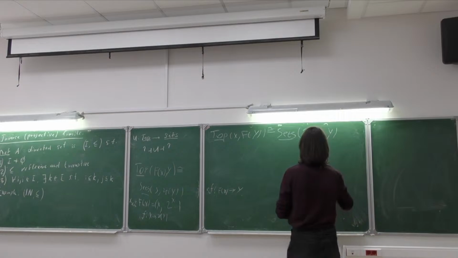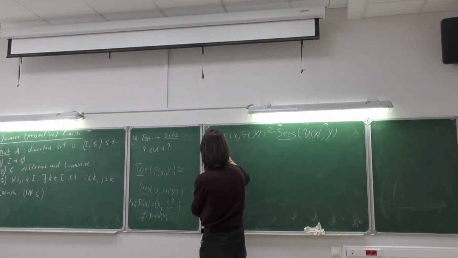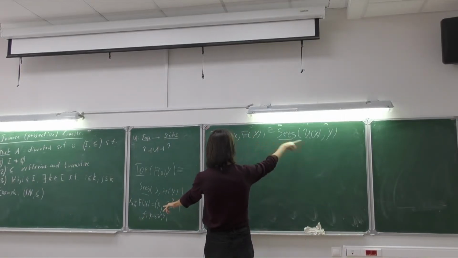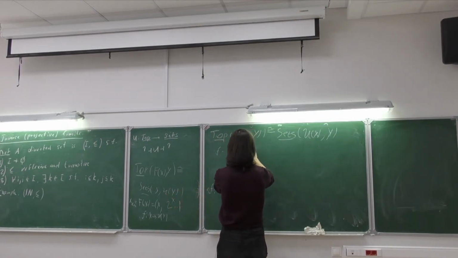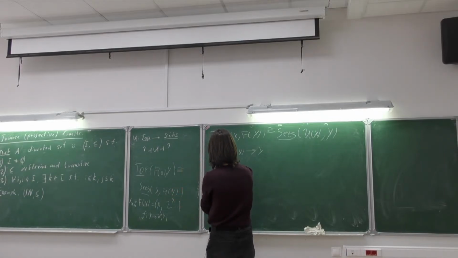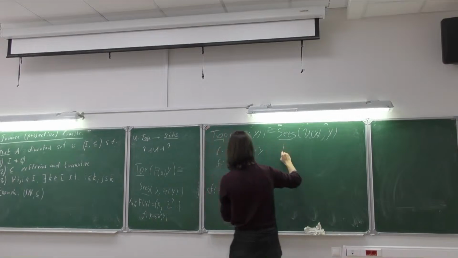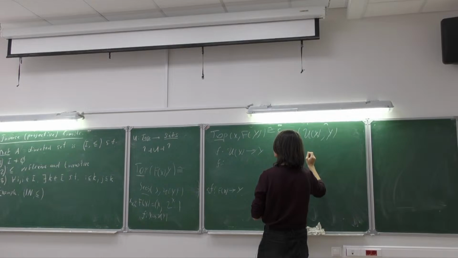So now we want, if we have a map from X with no topology to Y, we want this map to be continuous. So I think it is anti-discrete topology. Yes, but why?